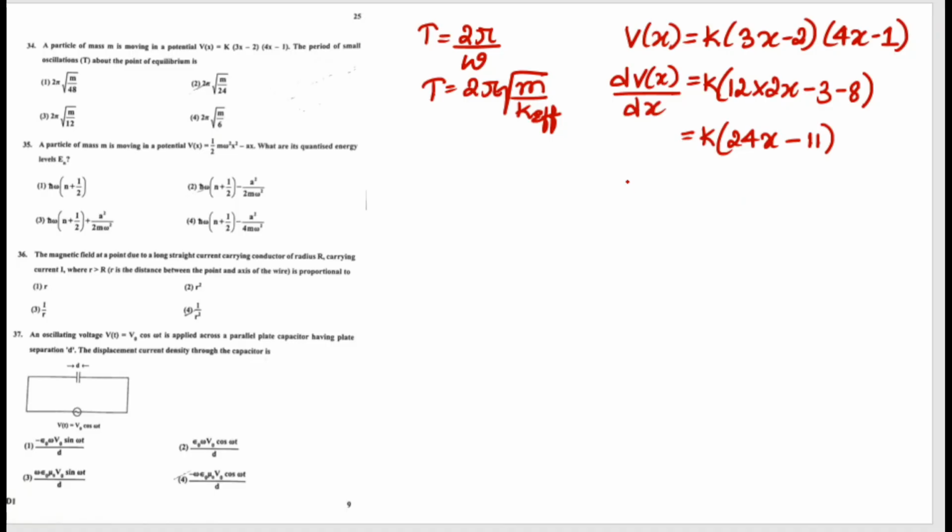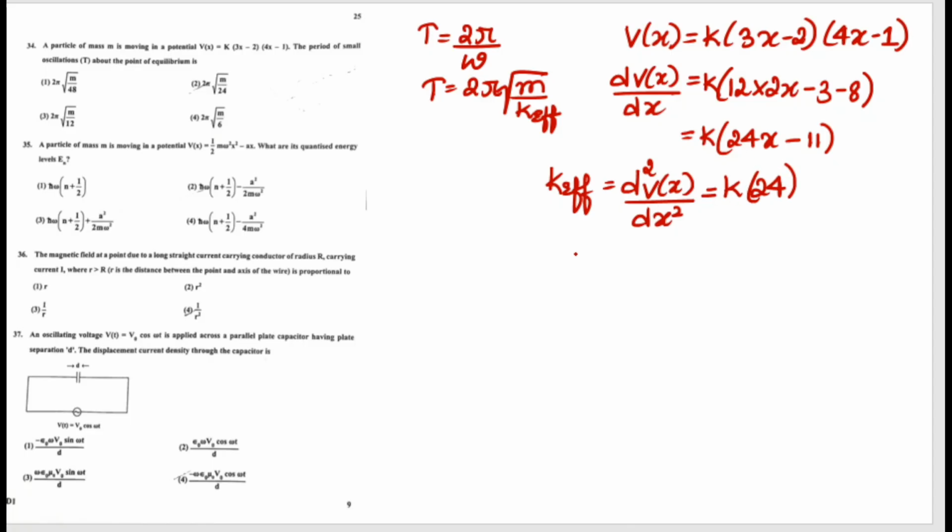Right, now I want the k effective value. This k effective is nothing but the double differentiation of the potential, that is d²V/dx². Differentiate again with respect to x: k is constant, so it will be 24, and the differentiation of the constant is 0.